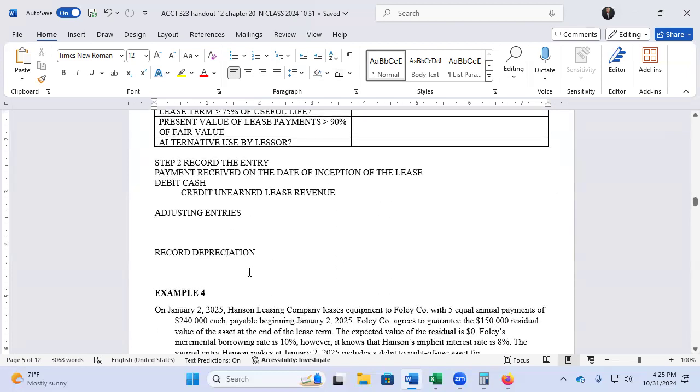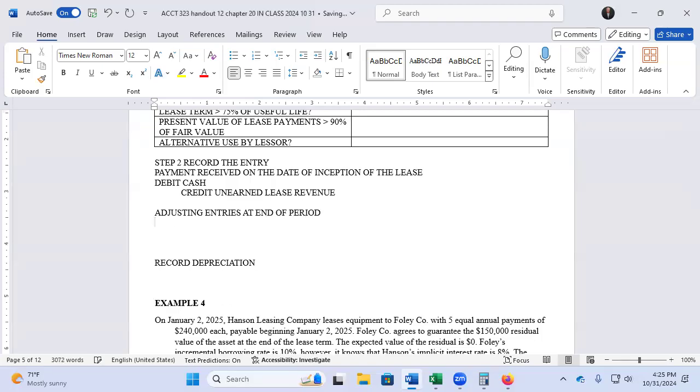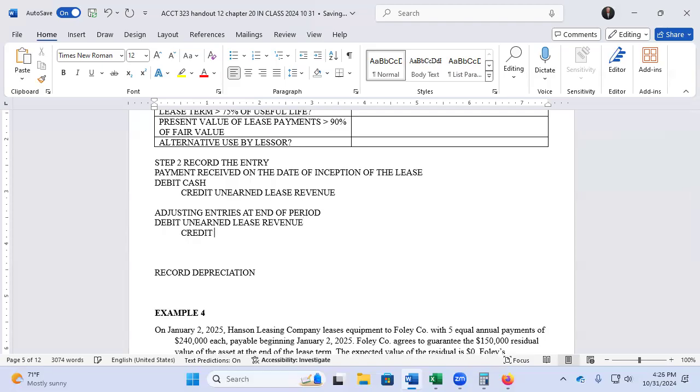What adjusting entries do we have to make when we earn? At the end of the period, we record a debit to unearned lease revenue, and we credit lease revenue.